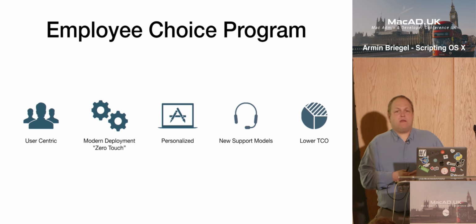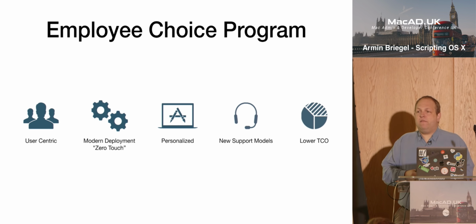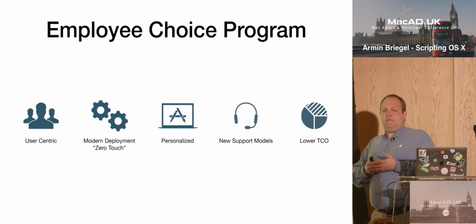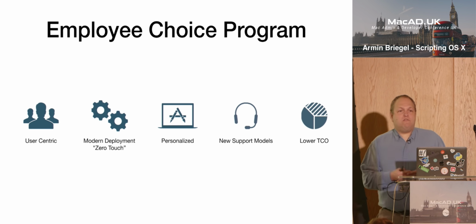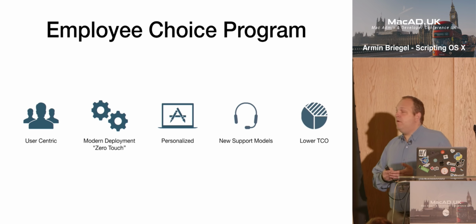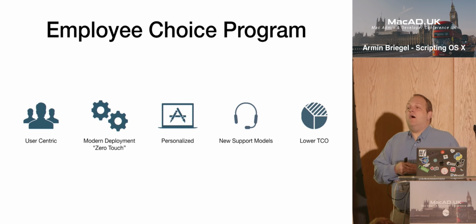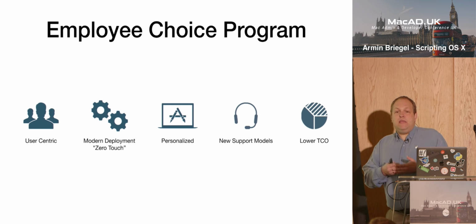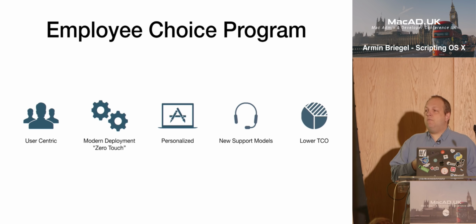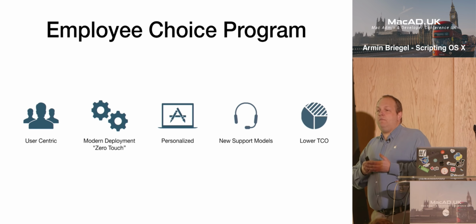And if they want Macs, and if they can do their job with Macs, well then let's give them Macs, or iPhones, or iPads, or whatever device they think is best for their job. So user choice comes first. Also because it's a mobile fleet, mobile users, mobile employees, we need modern deployment workflows that work anywhere, not just in our intranet.